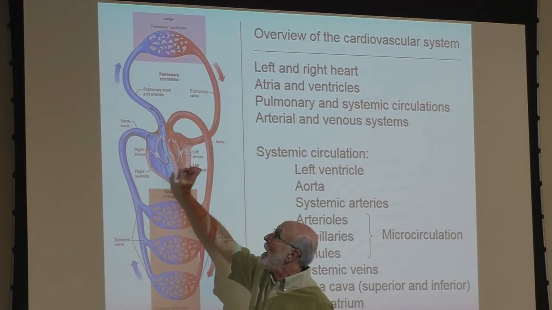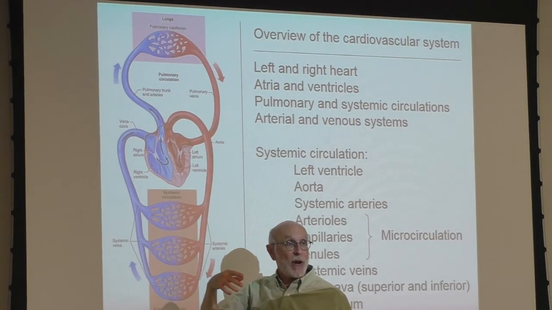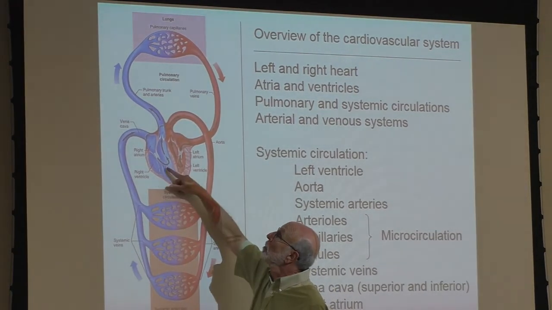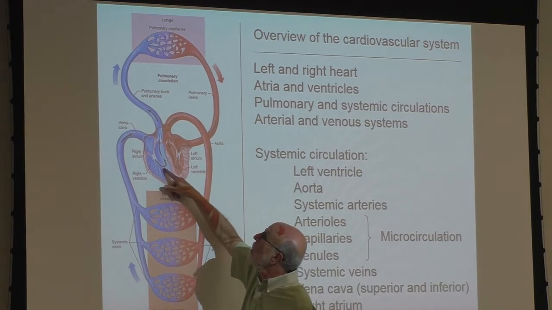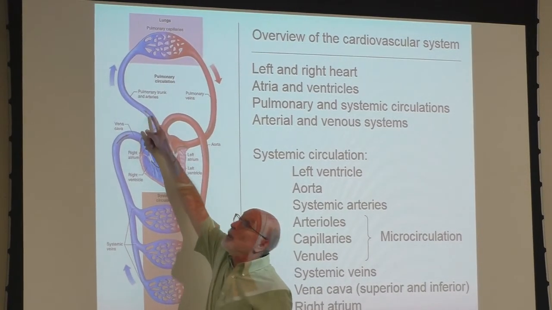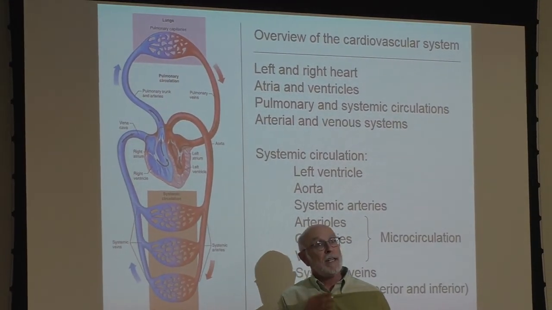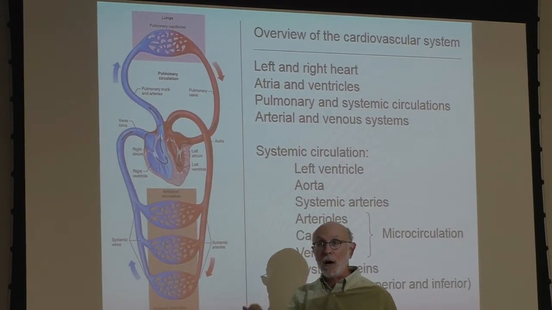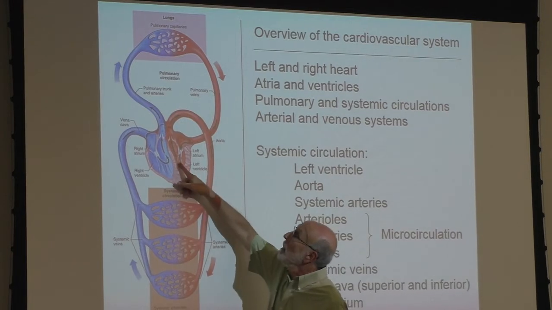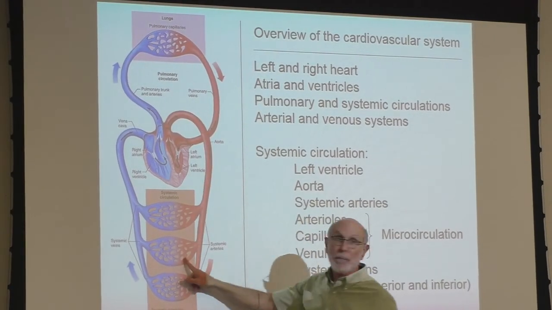When the heart contracts, muscle contraction, blood is pumped from the right ventricle into the pulmonary circulation, to the lungs. So the right ventricle pumps blood to the lungs. The left ventricle, when it contracts, pumps blood to the body.